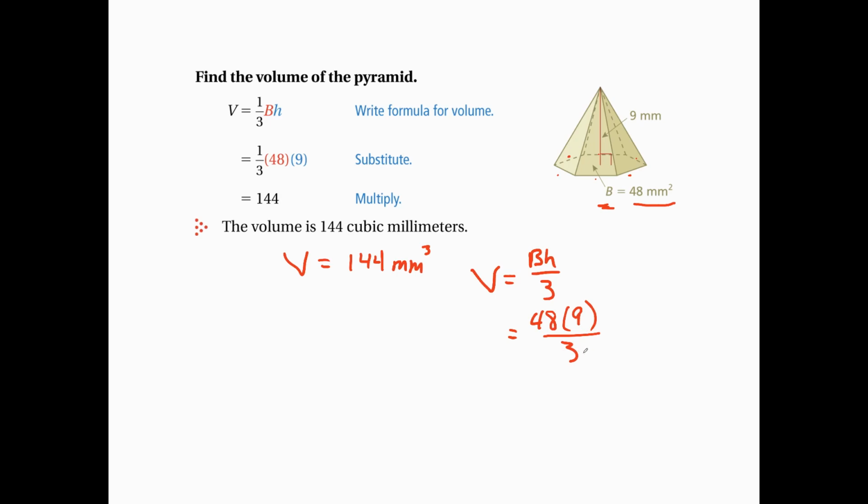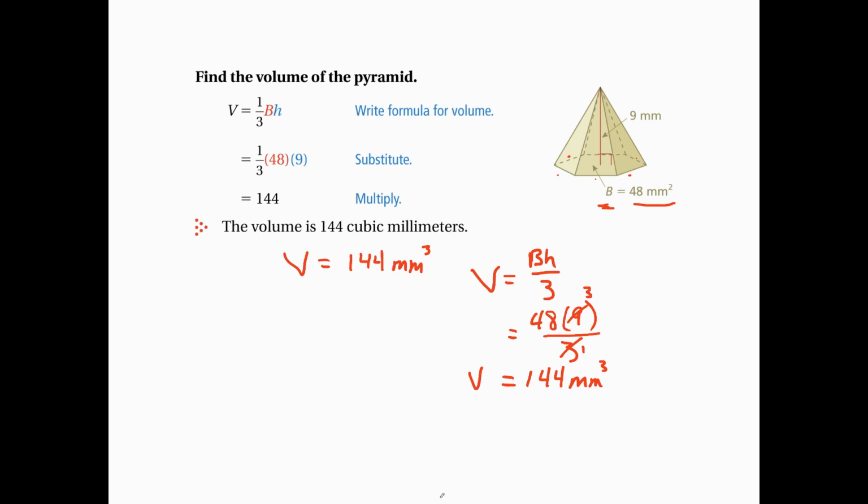I can cancel with the 3 and the 48 or the 3 and the 9. So I'll just pick the 3 and the 9. I know 9 divided by 3 is 3. And then I can figure out what is 48 times 3. And it turns out it is 144. And then I put my units, millimeters, cubed. Volume is always cubed.